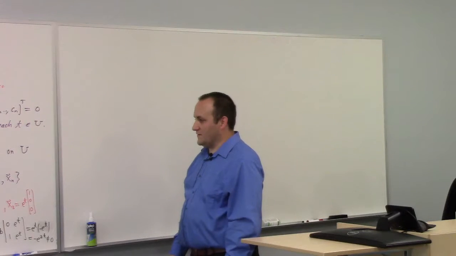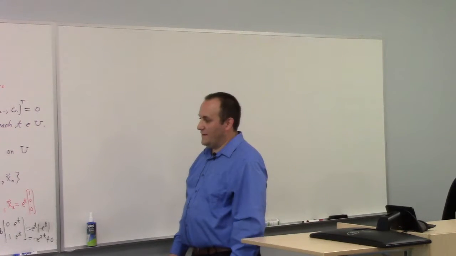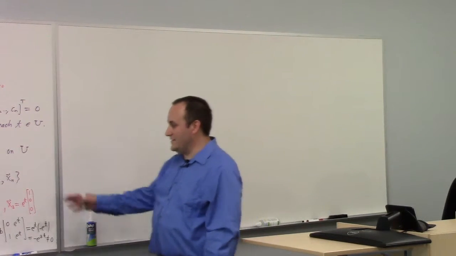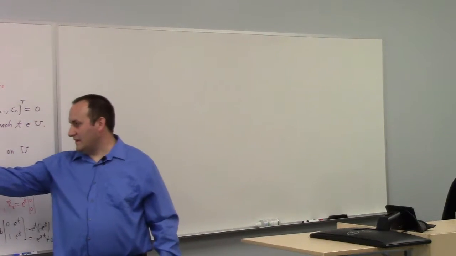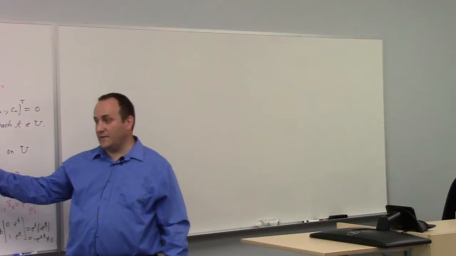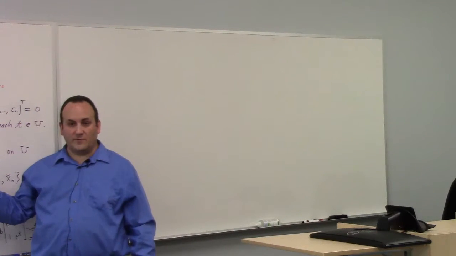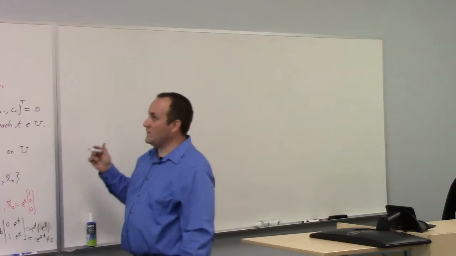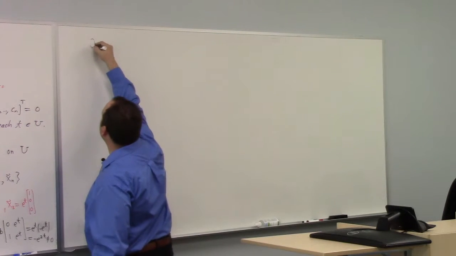Mostly when it's not equal to 0 is what we're looking for, because then that means that this set of vector functions is linearly independent. And it also means that you can put all these vectors together and form something called the fundamental solution matrix. So, definition.